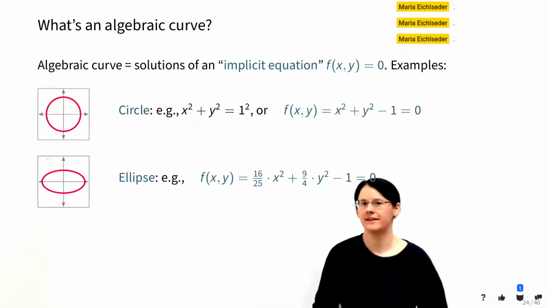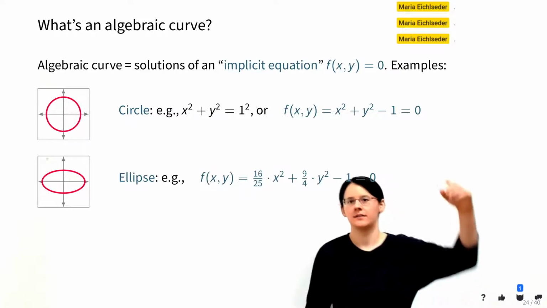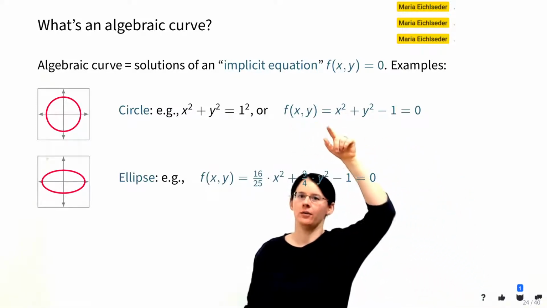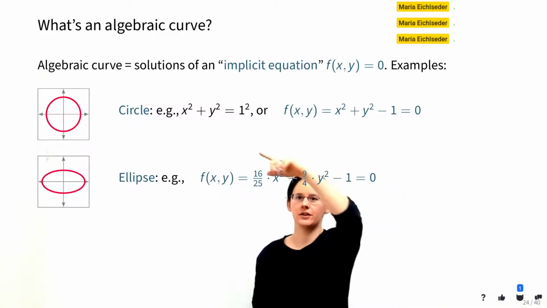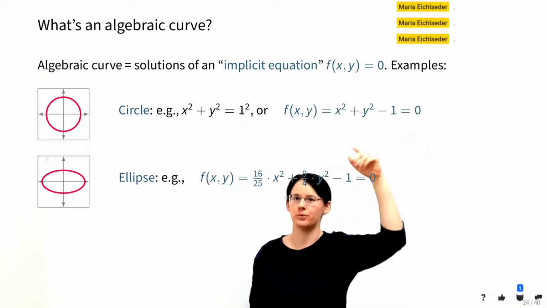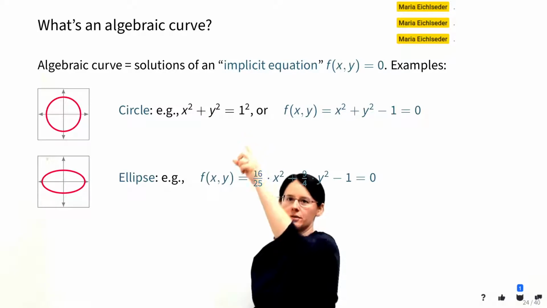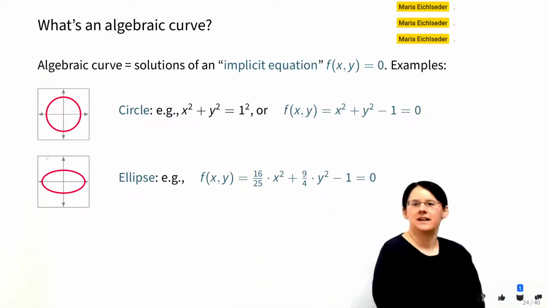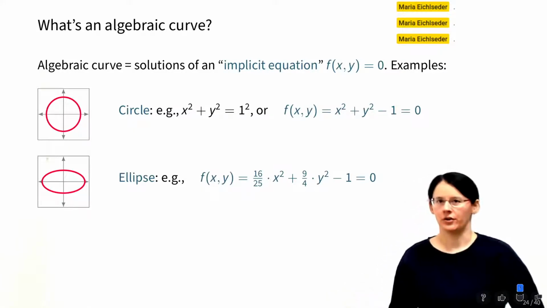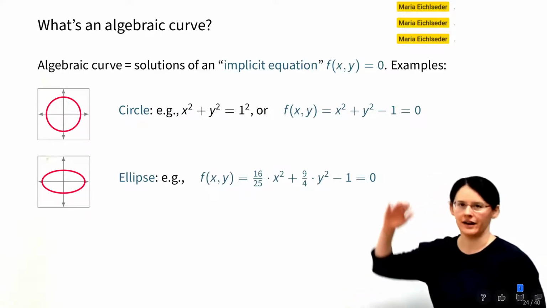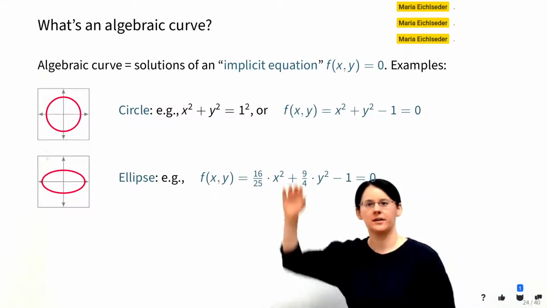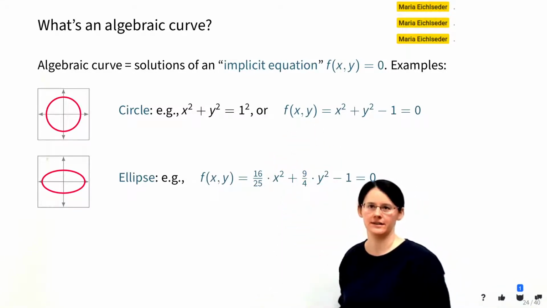Which you could also write as a polynomial equation, a function of the coordinates x and y, which equals 0. The function in this case is x squared plus y squared minus 1, so the 1 needs to go to the other side. So the circle is an example of an algebraic curve, defined by this sort of algebraic equation with some unknowns which correspond to the coordinates.